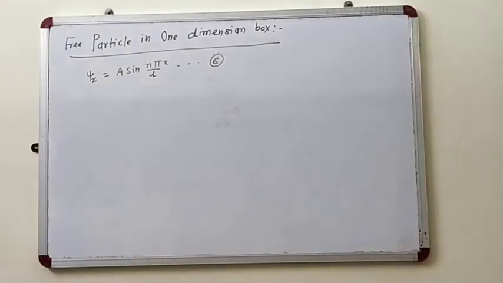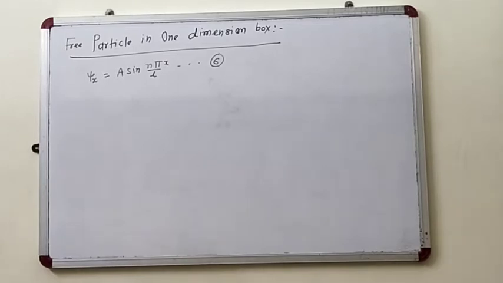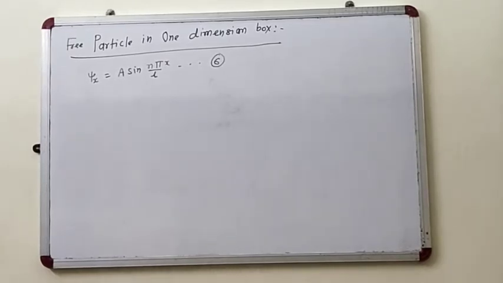Good morning, students. We already know the wave function of a free particle in a one-dimensional box: psi(x) = A sin(n pi x / L). Here L is the length of the one-dimensional box, and n = 1, 2, 3, and so on. A is a constant, and psi(x) is the wave function of the free particle present in the one-dimensional box.